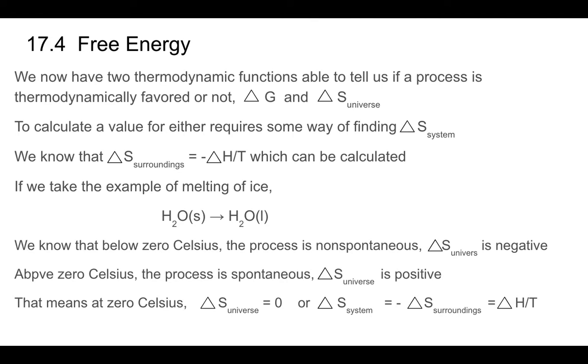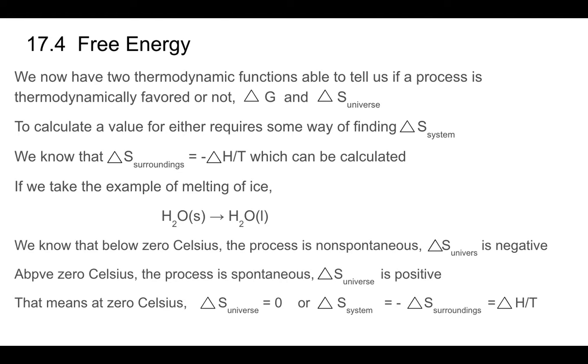Well, if delta S of the universe is 0, and it equals delta S of the system plus delta S of the surroundings, that must mean at 0 Celsius, for this process, the delta S of the system equals the negative delta S of the surroundings.